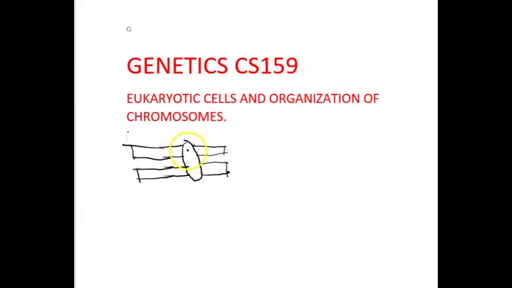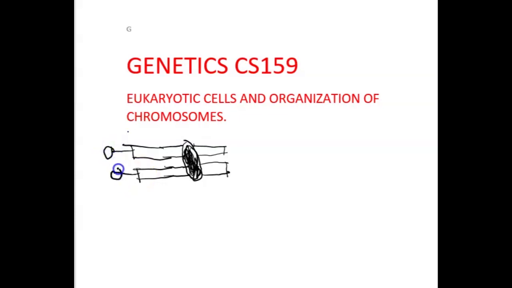So this is the chromosome, and this is the full length, but the centromere divides it into the arms of the chromosome. The position of the centromere here will determine the relative length of the arms. And it has the satellite here.